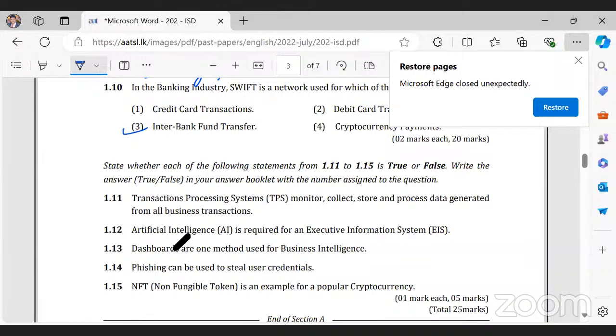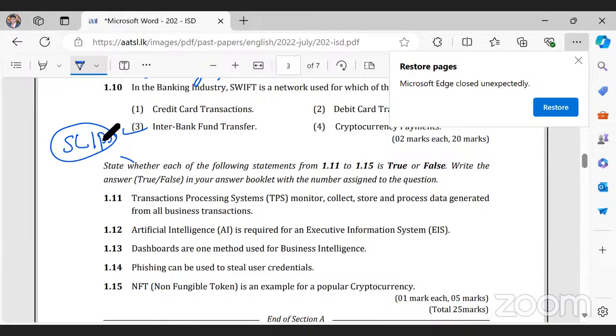That's why you can transfer money from one account to another using the mobile banking application on your handheld device. In Sri Lanka we also have such a system, SLIPS. SWIFT stands for Society for Worldwide Interbank Financial Telecommunication. SLIPS stands for Sri Lanka Interbank Payment System.